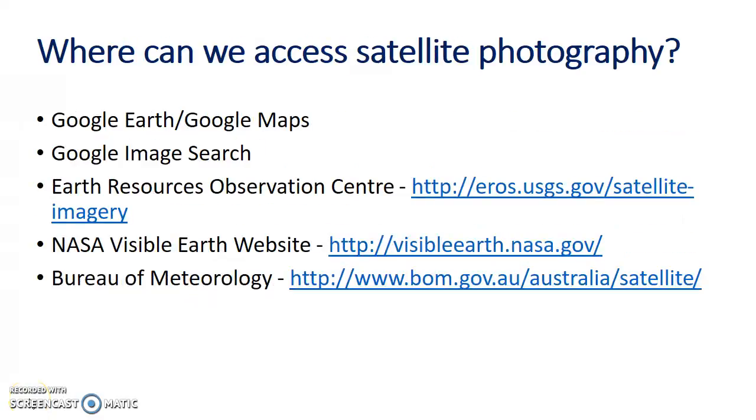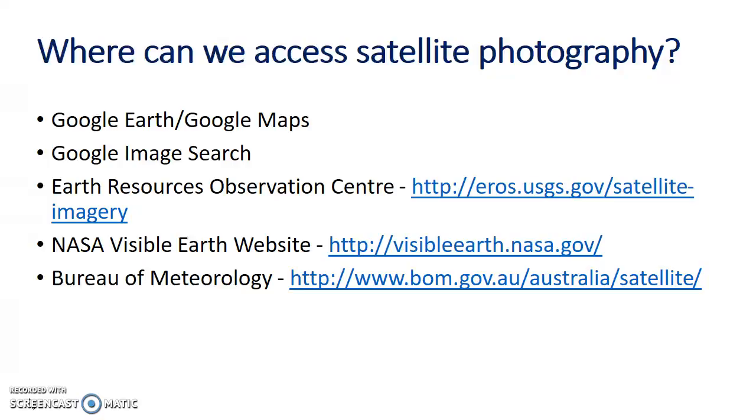Finally, to end the video, I just want to talk about where we can access satellite photography to use in class. Obviously you can go to Google Earth and Google Maps, just like I've done today. A really quick image search in Google is likely to bring up an image that suits your purposes. So in Google image search, say for example Tasmania satellite photo, is going to probably bring you up an image that you don't actually need to go searching for.